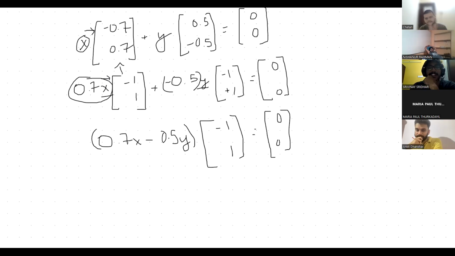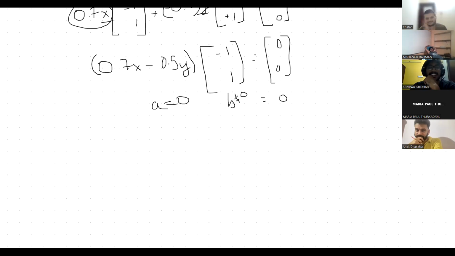If a times b is equal to 0 and b is non-zero, then a has to be 0. That is nothing but saying vector taking it to the other side. So I just have to equate this to 0. And when I equate it to 0, I get x is equal to 0.5 by 0.7.